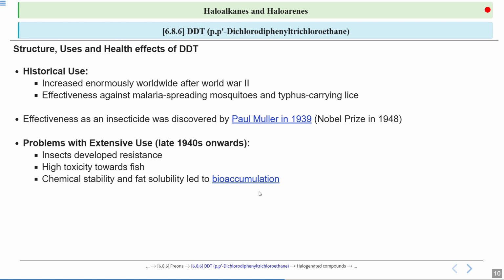Then this bioaccumulation condition occurs. So DDT was chemically stable and fat soluble, due to which it has led to bioaccumulation in various animals, mainly in the fish. So it is highly toxic towards the fish.